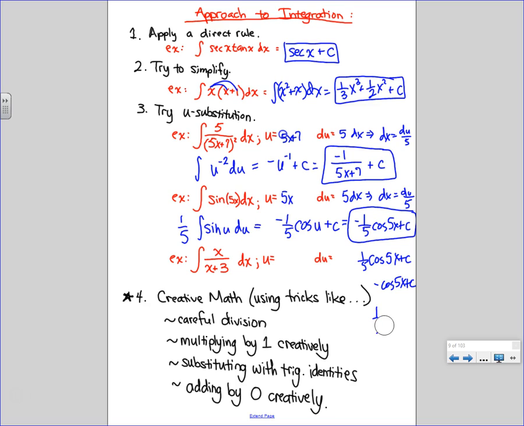Maybe they do it this way. I think this is what I would do if I was them. If someone derived it, cosine of u times u prime, I don't know. They'd have different options, but long story short, you need the one with both the 1/5 and the negative. Does that make sense?